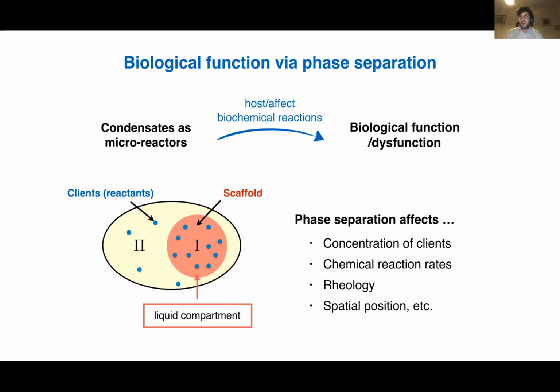If you have multiple components, you could co-localize these multiple components in a specific environment, or you can prevent these components from interacting with each other. You can change the chemistry, so the chemical reaction rates, for example. You can play with the rheology, etc. So these are all various parameters that can be changed by the presence of these liquid condensates.